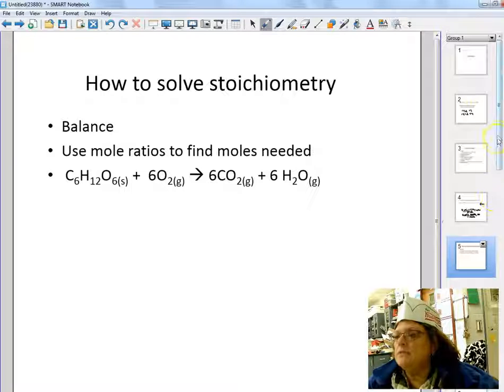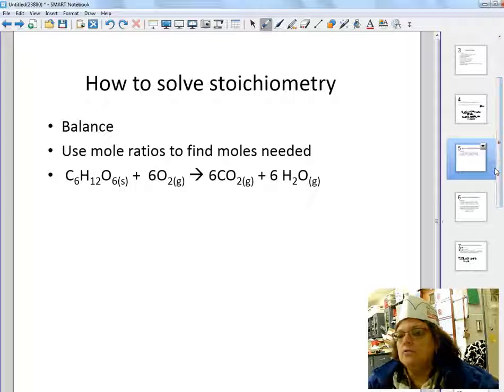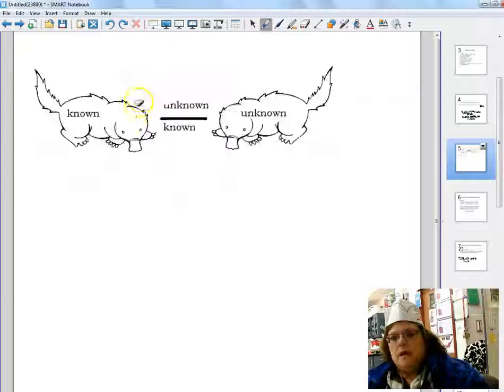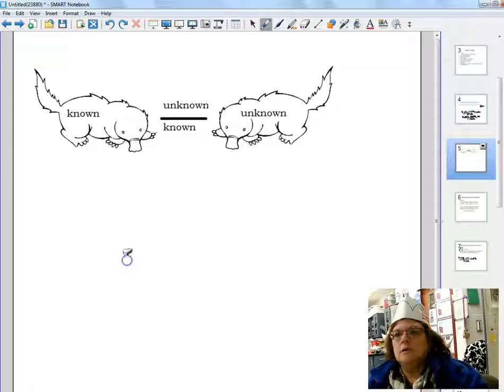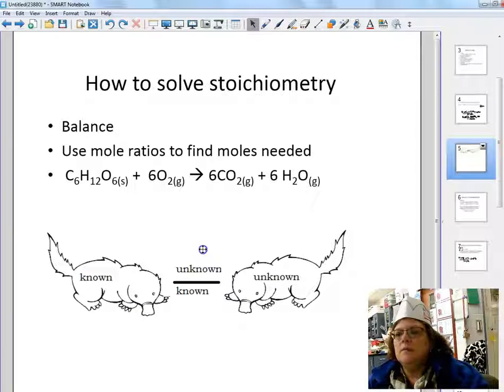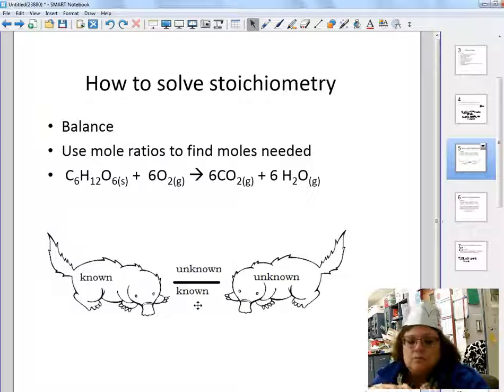And I'm going to introduce something and have you make a new tool to go with your mole map. And this tool is called the mole bridge. So, see if it'll work. I need to hit paste. And of course it covers up what I had on there, but I can pull it down. The mole bridge. You're going to take moles that you know.